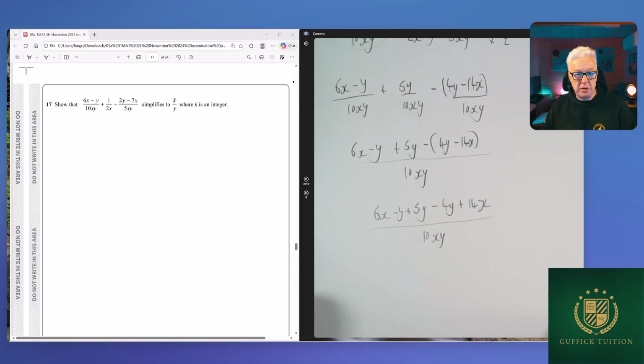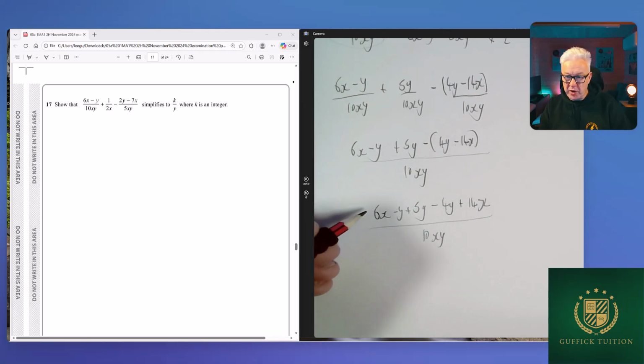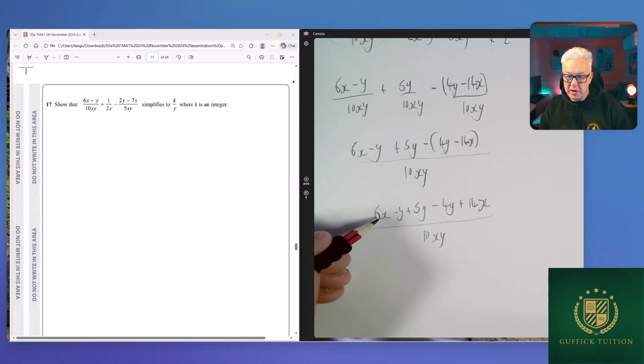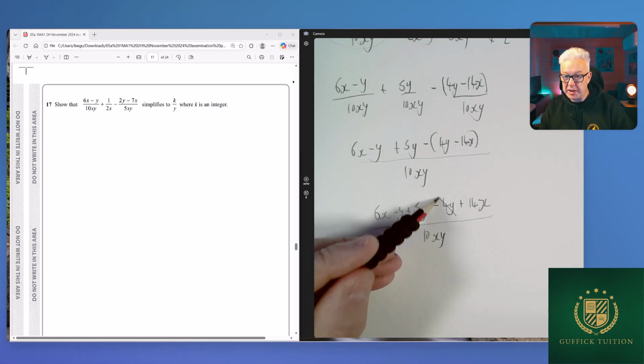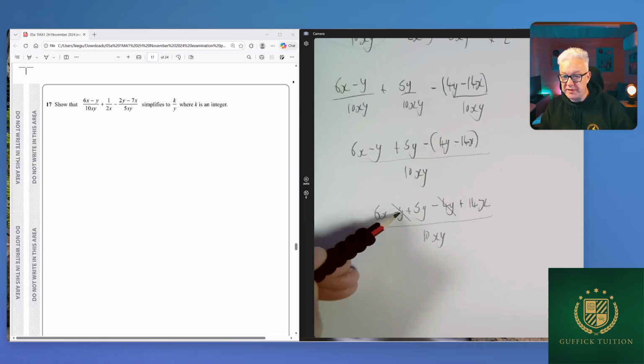Okay, so far so good. Now, let's see what we've got here. See how we can simplify things. We have got minus y, and minus 4y is minus 5y, and minus 5y add 5y cancels. So that totally cancels out, okay?